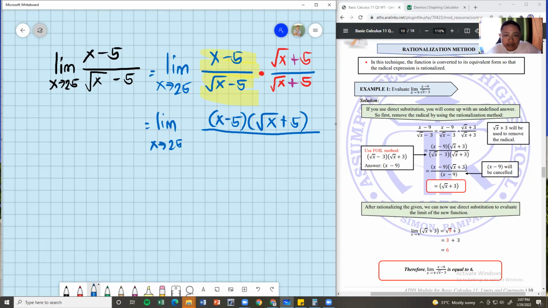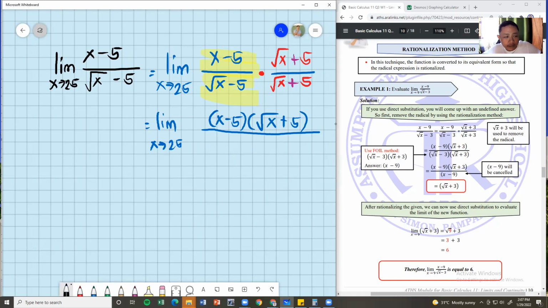Wherein, kapag sinimplify natin to, it will become the square root of x squared minus 5 squared. Can you follow?